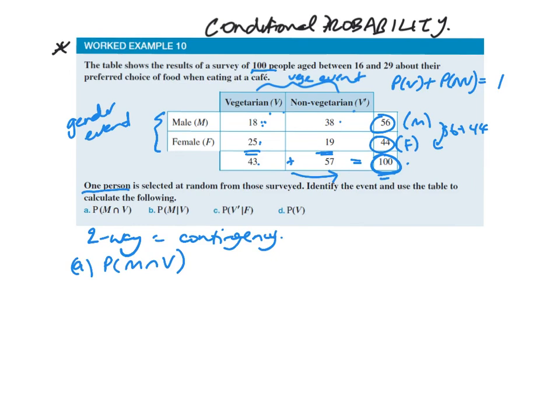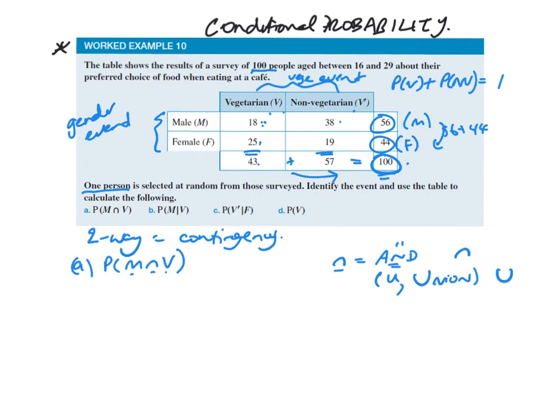When you see the little n like that, that's 'and', because it looks like an n. Do not confuse it with the upside-down version, which represents union. So when you see it this way, it's 'and'; this one is union. What they want is male and vegetarian.